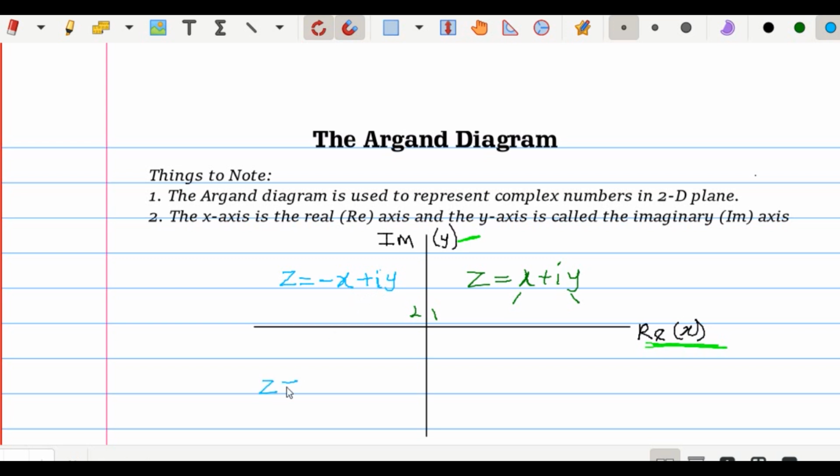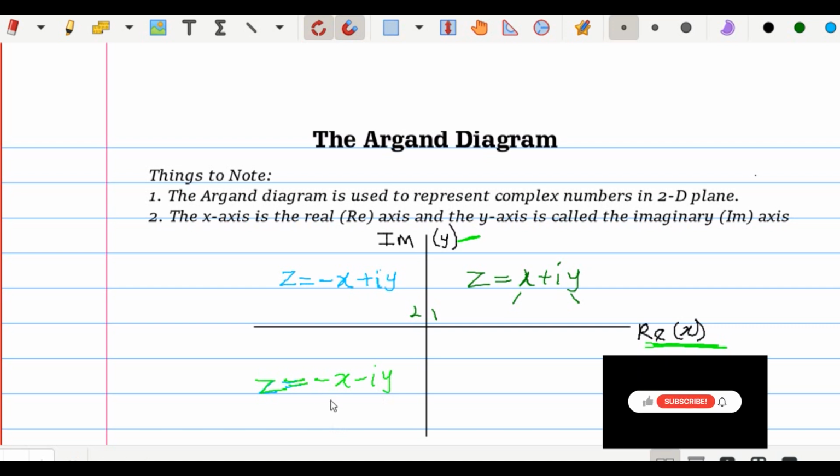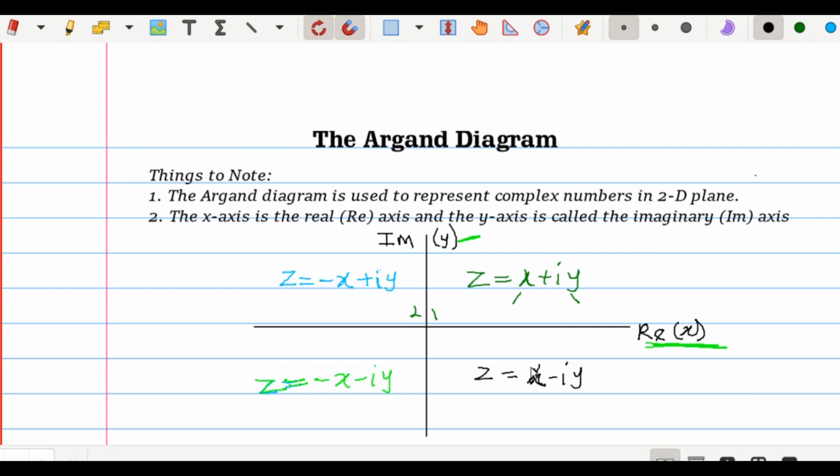Likewise, if you have z equal to minus x minus iy, then that complex number is going to be in the third quadrant. If you have z equal to x minus iy, then such a complex number is going to be in the fourth quadrant of the Argand diagram.